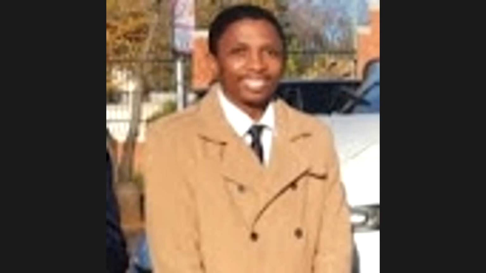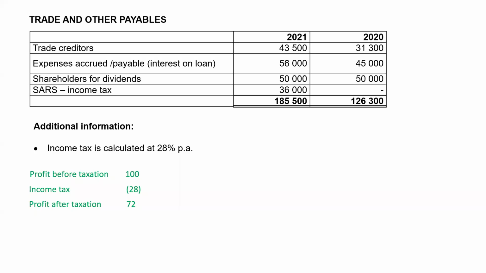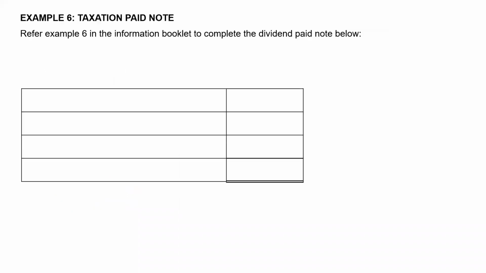Your profit before taxation will be 100 and your tax rate will be 28%, meaning that your profit after tax will be 72. You always multiply by what you want, you divide by what you've got. You need to remember that rule.